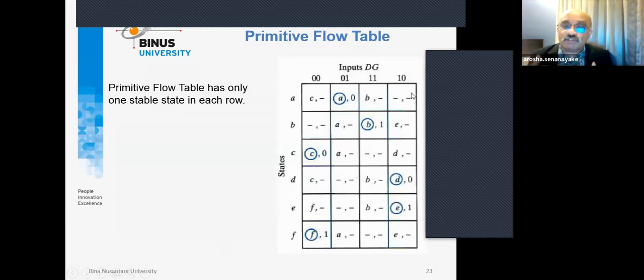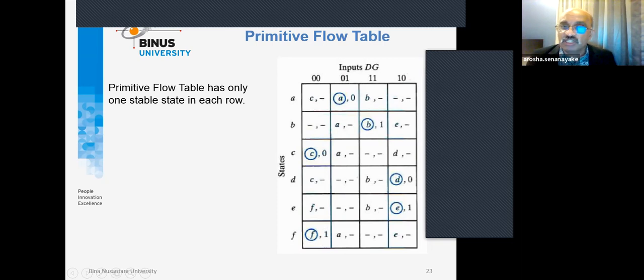In that way you can fill, and as you notice, in each row you have one stable state. So you see here B and output is 1. Here output is 0, here also 0, and here E also gets output 1, and F also gets output 1.